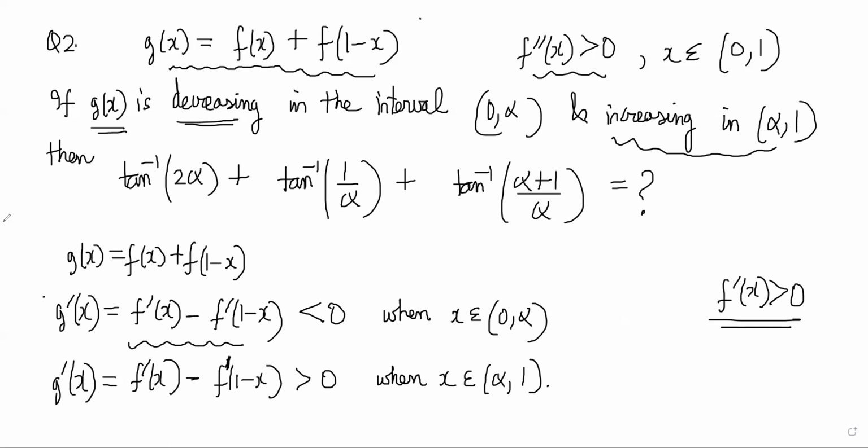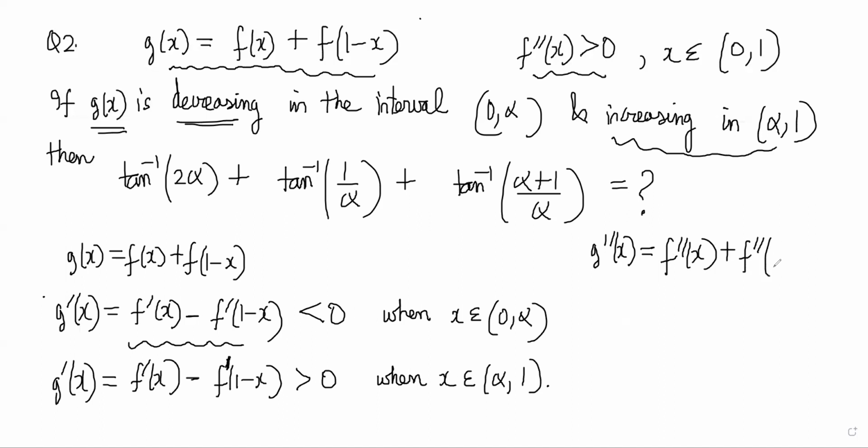Now you can say more things once you take a double derivative here. If you take g double dash x, it will be equal to f double dash x, and one more minus will come, so it will become plus f double dash 1 minus x, right?